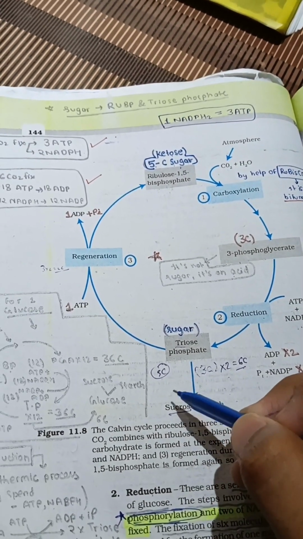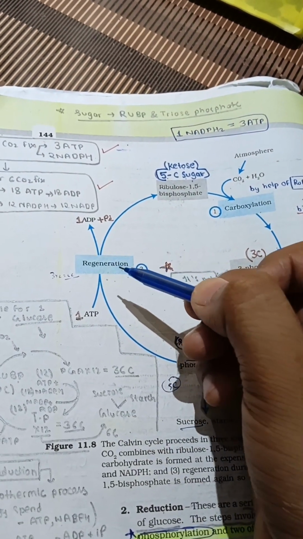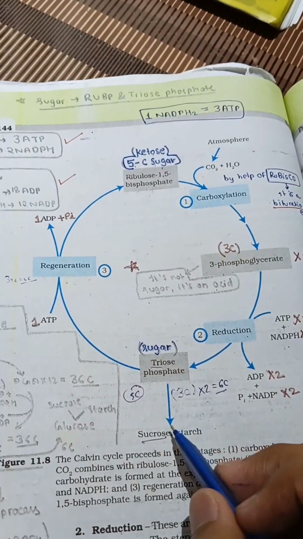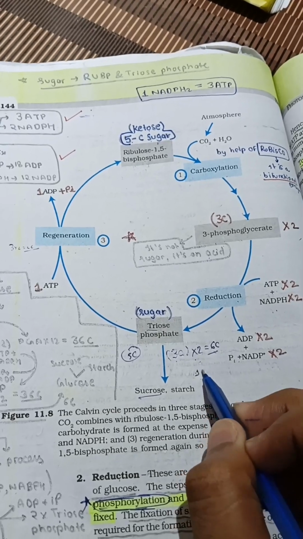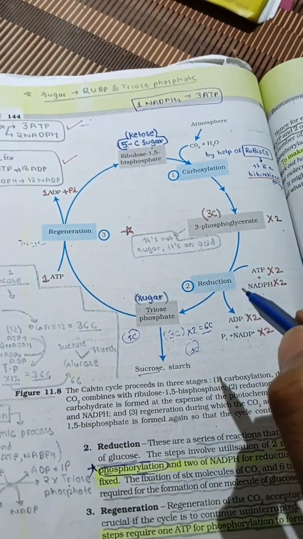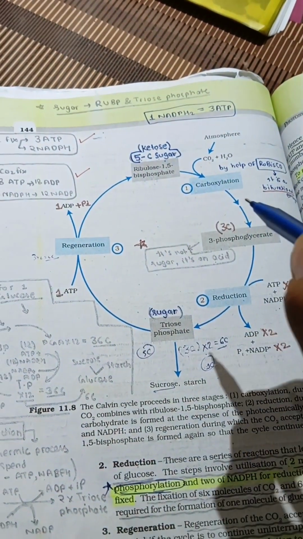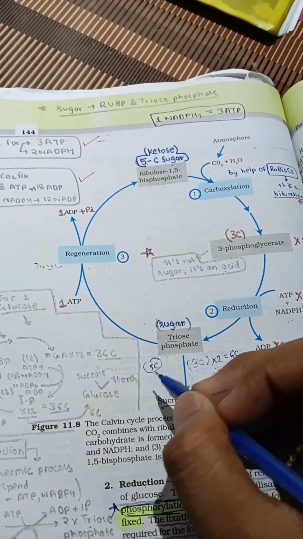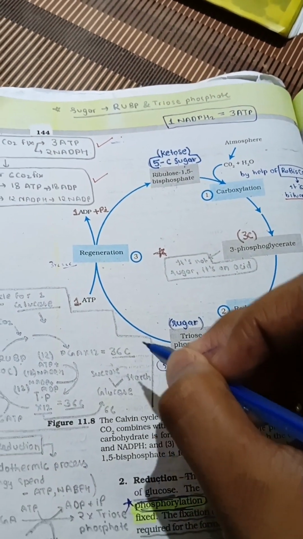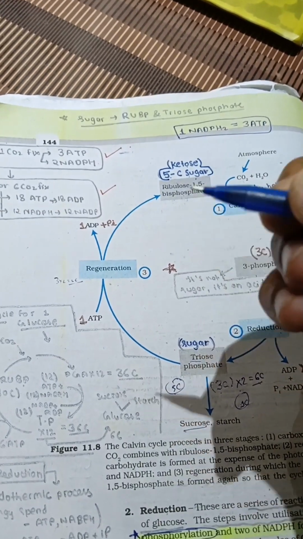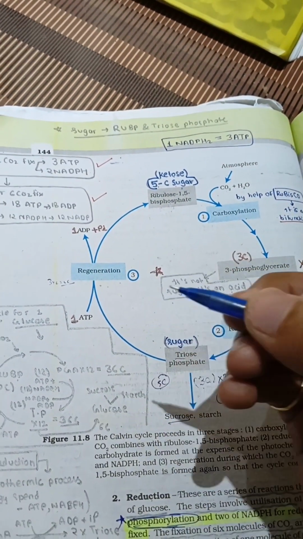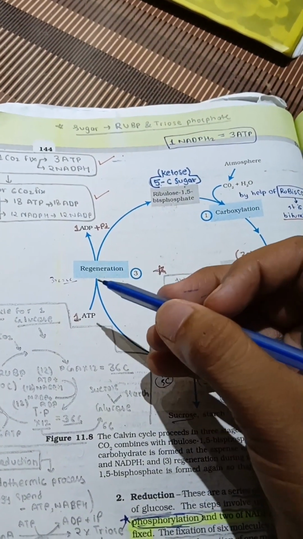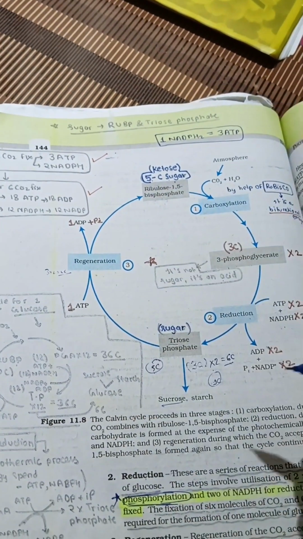Now moving on to the third step, which is known as regeneration. Here comes the most twisted part: 3 carbon into 2 equals 6 carbon, and here 1 carbon leaves the process. 1 carbon leaves the Calvin cycle and comes outside, and the remaining 5 carbon undergoes the third step, known as regeneration. It's also a very useful process, because if it discontinues here, the whole cycle is not performed.